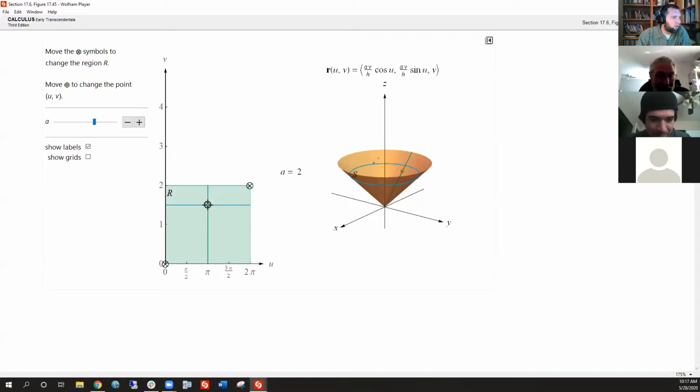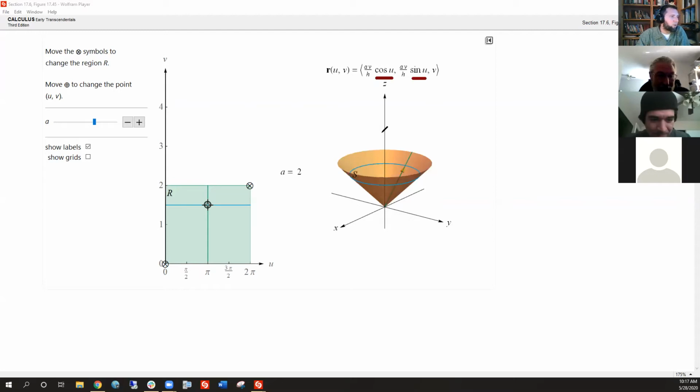You have those circles that are happening at various heights, and then you could also think about there being a whole bunch of different lines all going through the origin that are coming out. And so here you can see cosine u and sine u. So that's going to give you the circle part of the cone.